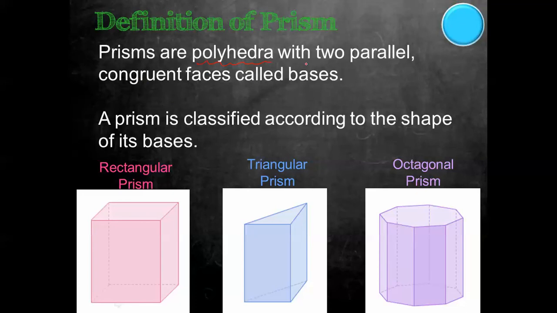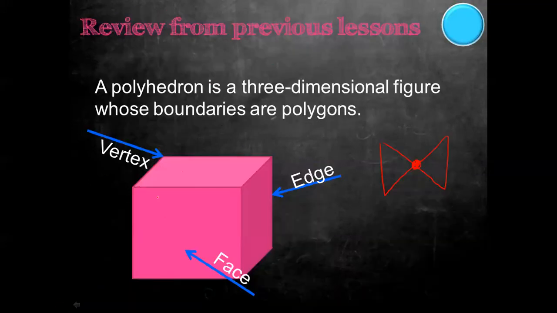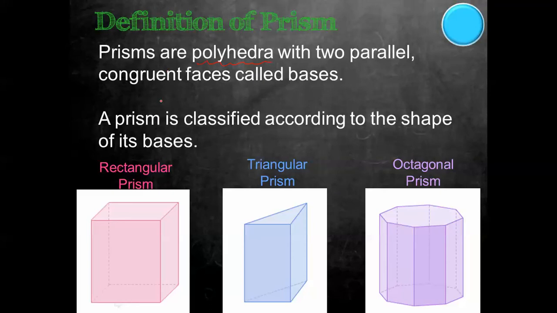It's important that the two faces are parallel. If we look here, this one is called a rectangular prism because we classify a prism according to the shape of its bases. Remember, a polyhedron we classify according to the number of its faces, but a prism we classify according to the shape of its base.